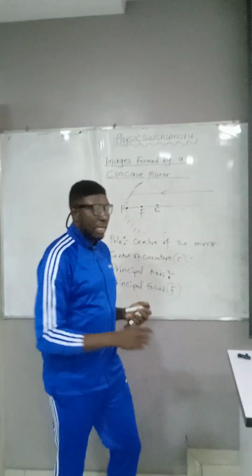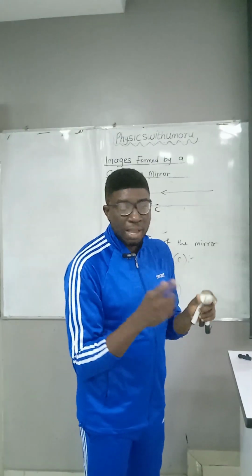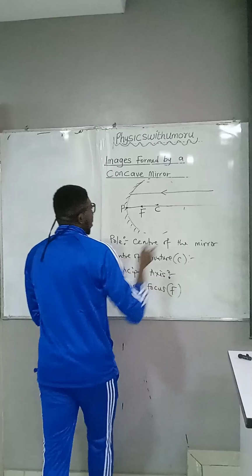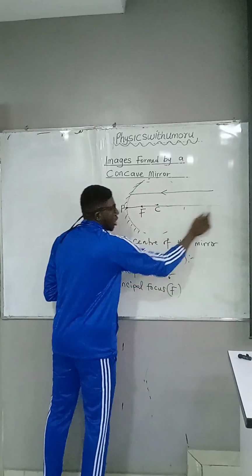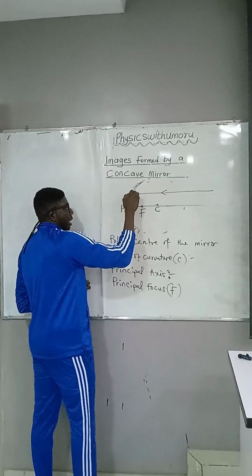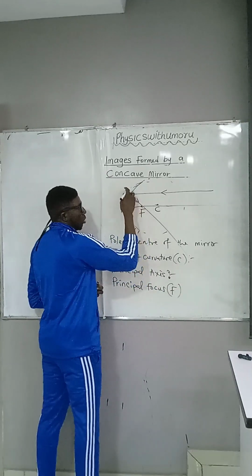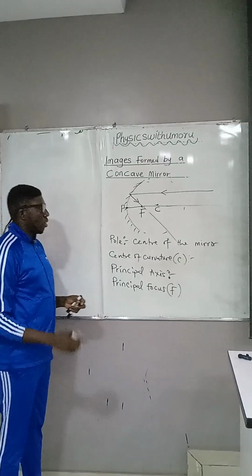Remember that if a ray of light hits a mirror, what will happen is reflection. So if any ray of light is parallel to this principal axis, when the light is reflecting, it must pass through the principal focus.